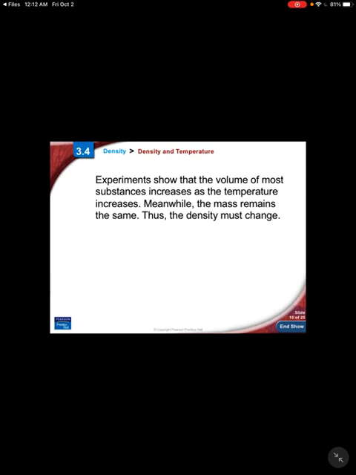So if density is equal to mass over volume, and the volume increases, meaning our denominator increases, our density can only decrease as the volume increases.